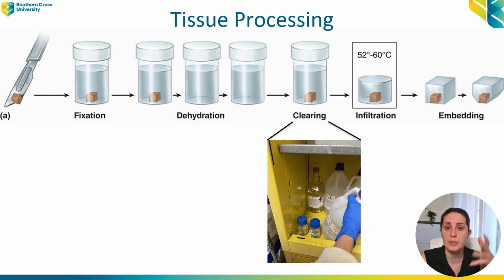The reason that we do that is because we basically want to empty it out of those dehydrating solutions before we put it into the infiltrating medium. A lot of times the infiltrating medium, at least the one that I've used, is paraffin wax. And so the paraffin wax won't be able to get in there if it's still full of the alcohol.